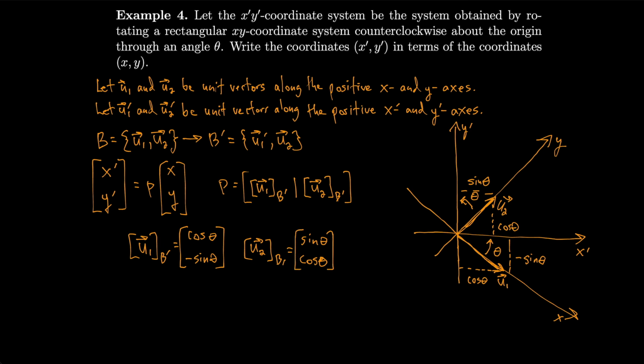So that means that I have x prime, y prime equal to P times xy, so that matrix P will be cosine theta, minus sine theta for u1 in B prime, and then sine theta, cosine theta for u2 in B prime, times xy.